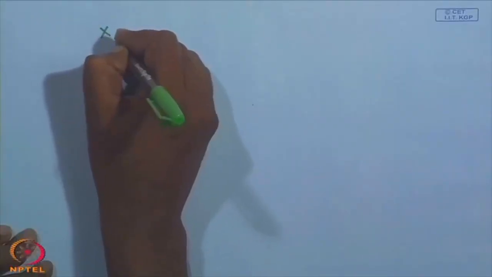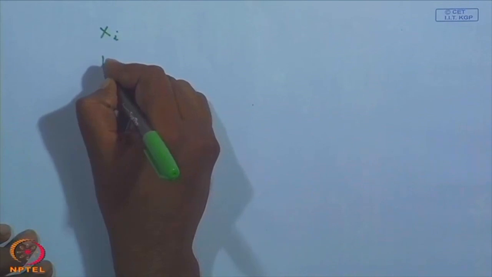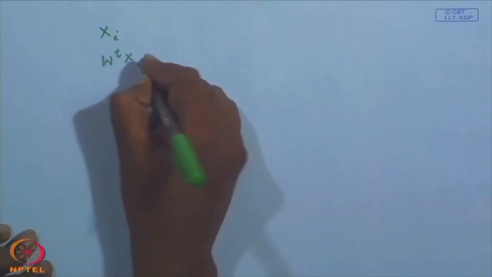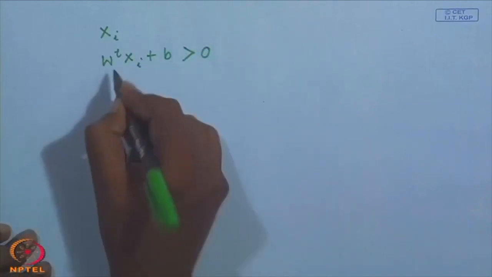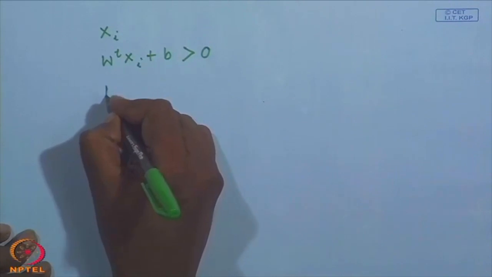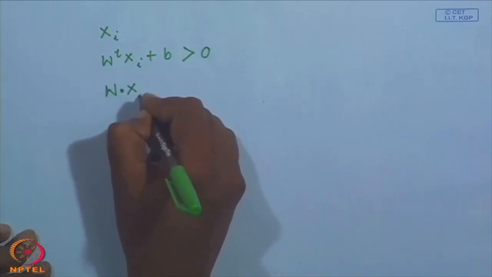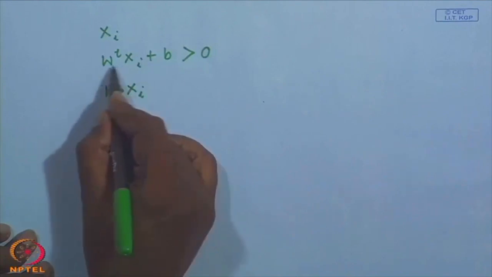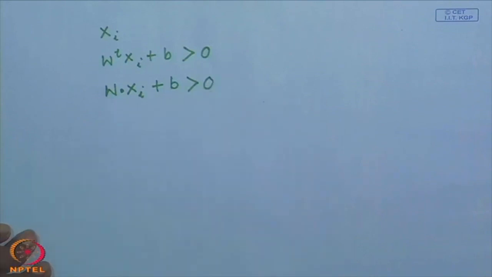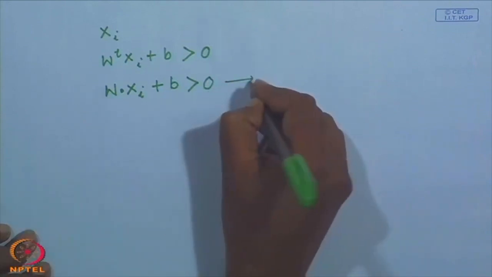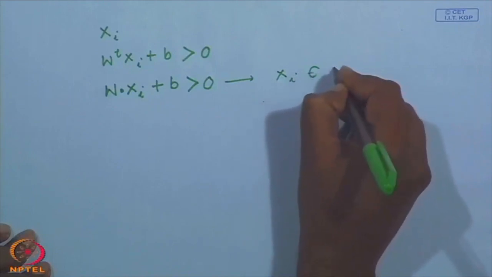So suppose I have a vector xi, and if this vector xi belongs to class C1, then I will have W transpose xi plus B greater than 0. This W transpose xi can also be put in the form of a dot product W dot xi, because this operation is the same as this operation, plus B, that has to be greater than 0, if this xi belongs to class C1.